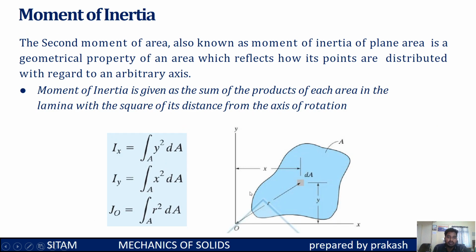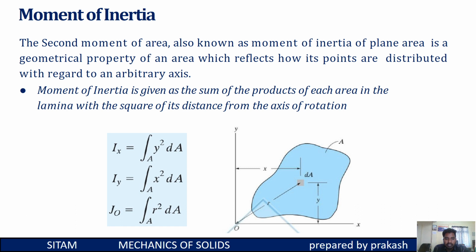Moment of inertia. Here the moment of inertia is given as the sum of the products of each area in the lamina with the square of its distance from the axis of rotation.